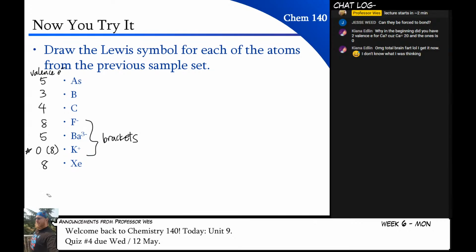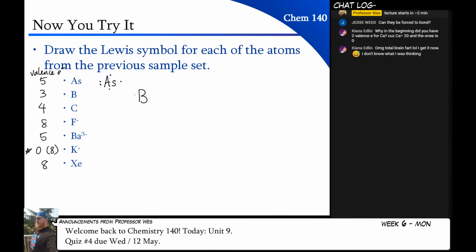So, let's get rid of this real quick. So for arsenic, I would just put 5 dots around it. And there you go. Your pair could be on any side, doesn't matter.